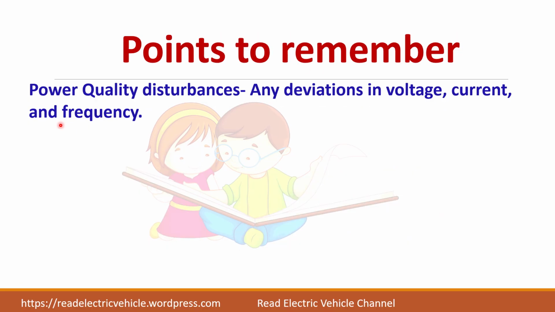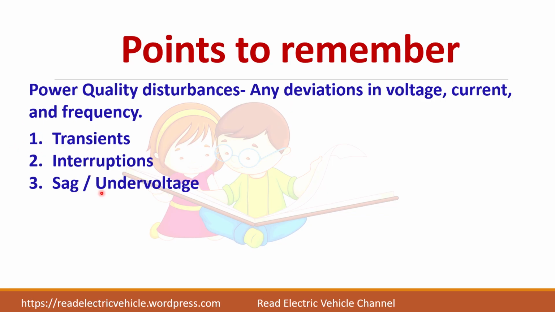So far we have seen the power quality disturbances defined by IEEE standards. Any deviation in the waveform, voltage, current or frequency, we see as a potential power quality problem, because this can affect the normal operation of the equipment. Already we have seen transients, interruptions, sag, under voltage, swell, over voltage in the previous video, that is part 1.